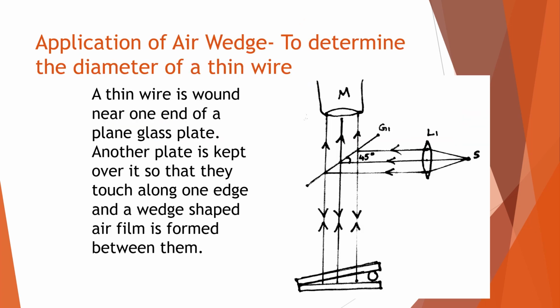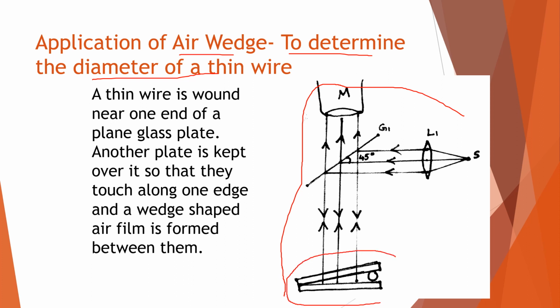In the second part of the essay, we are going to determine the diameter of a thin wire using this air wedge setup. Hope you remember this experimental setup that we used for Newton's rings also. Here, instead of the plano-convex lens and the glass plate, we are placing two glass plates, and this is the wire. It's a cross section of the wire.